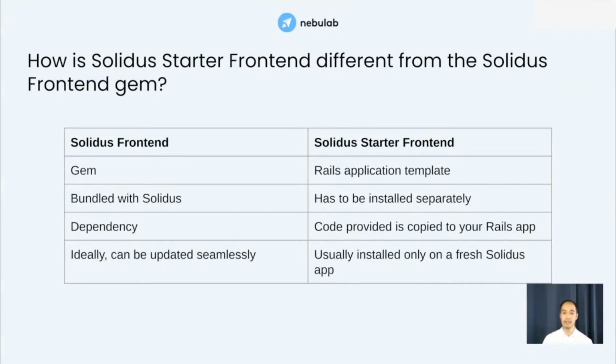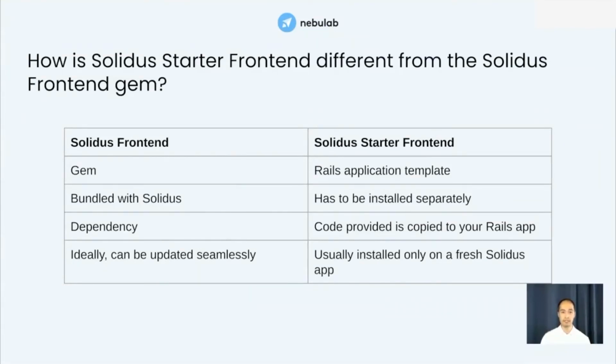In contrast, Solidus Starter Frontend is implemented as a Rails application template. Unlike Solidus Frontend, it's not bundled with Solidus, so you have to install it separately. It's also not a dependency of your application.